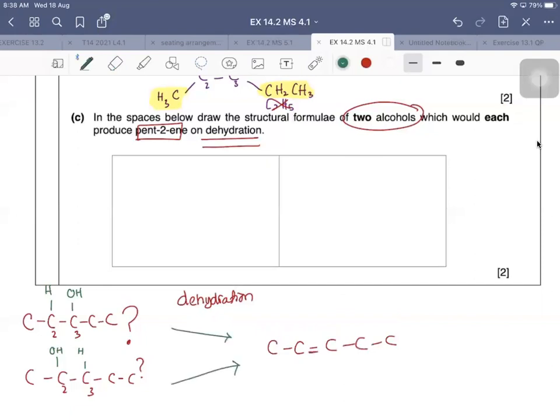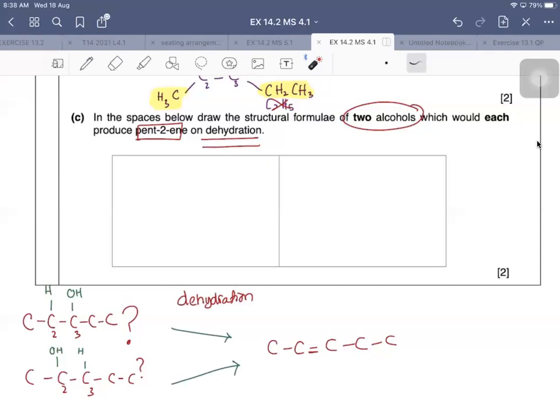Right? Now I'm going to show you the dehydration process. The dehydration of alcohol will be covered again in the next two topics, but you have this in your notes.